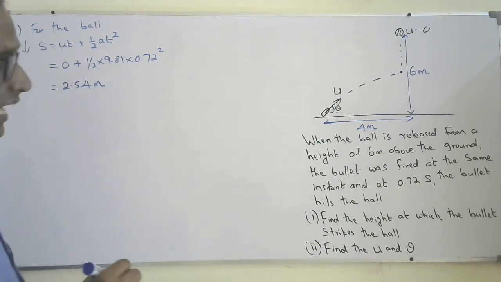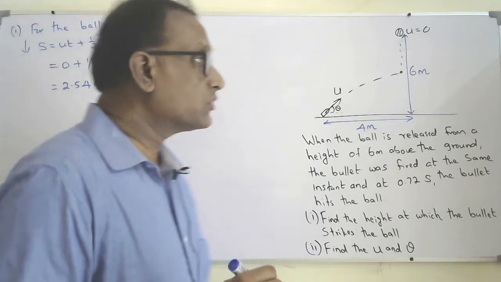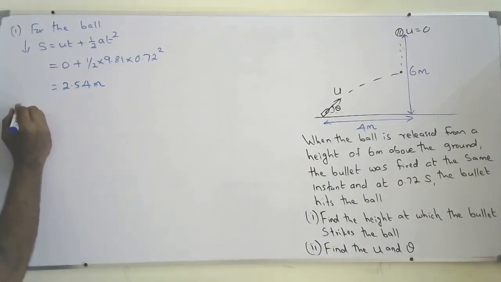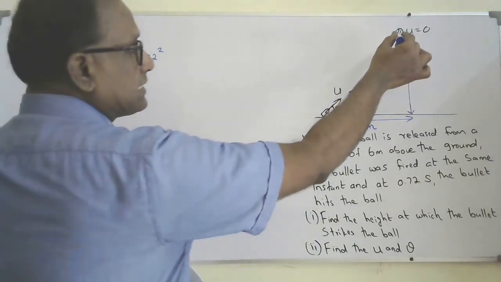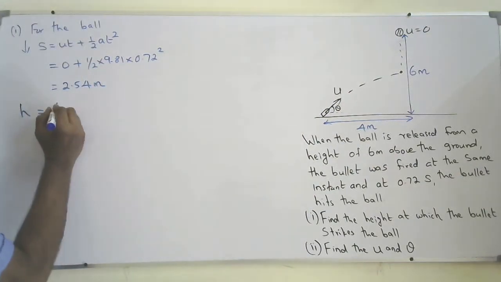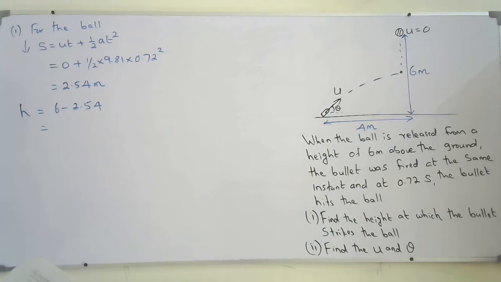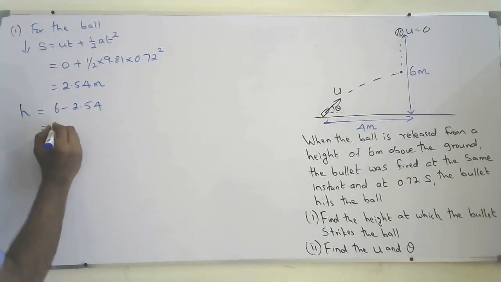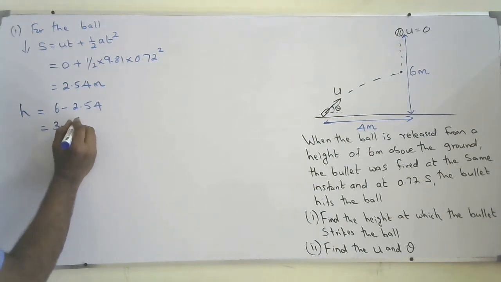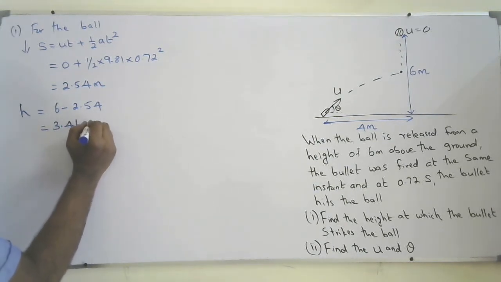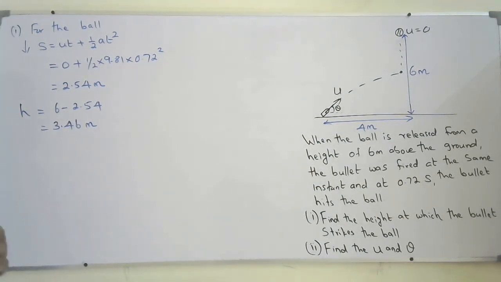So the height at which the bullet strikes the ball, h, is equal to 6 minus 2.54, that will be equal to 3.46 meters. So that's the height at which the bullet strikes the ball.